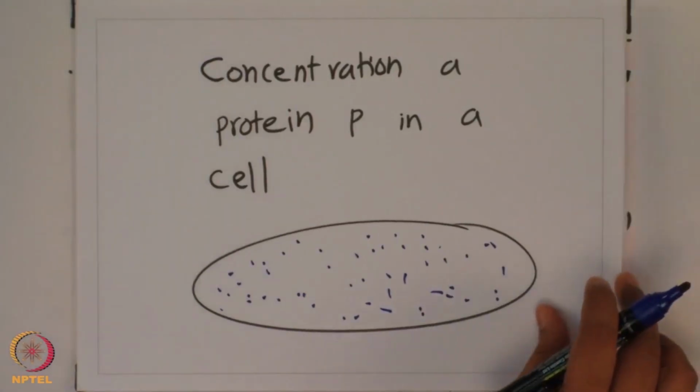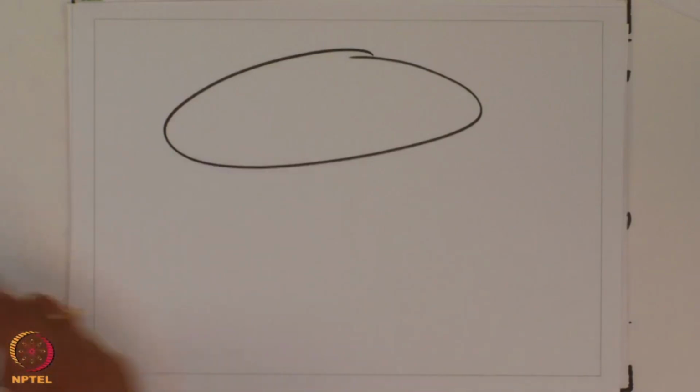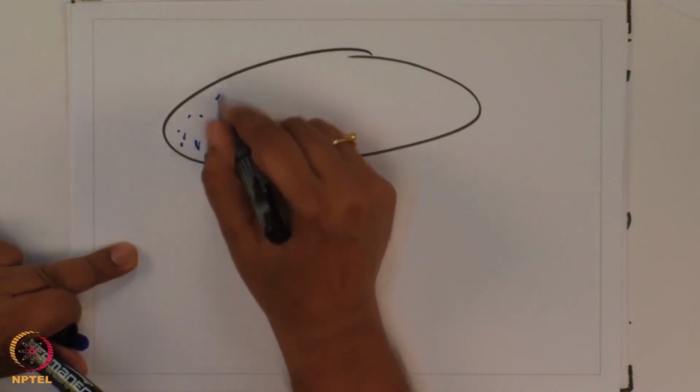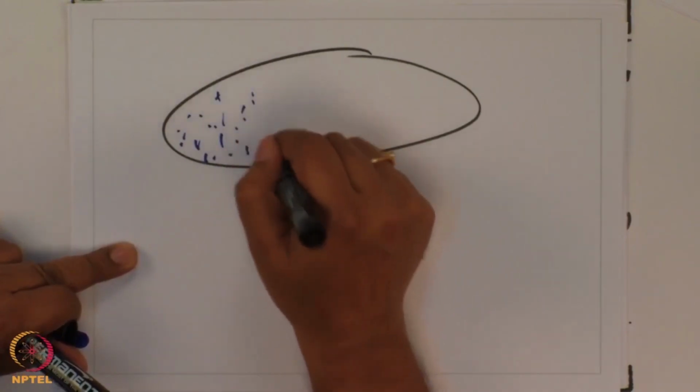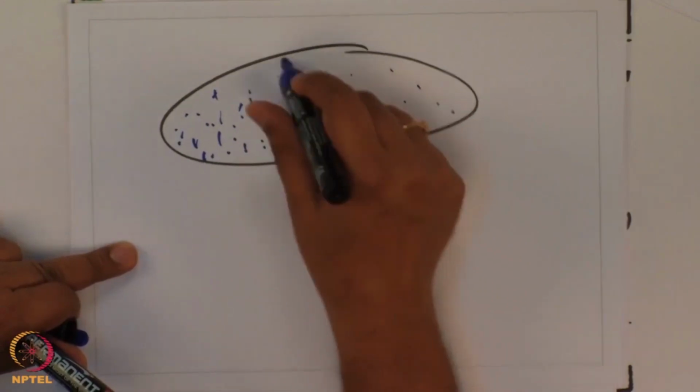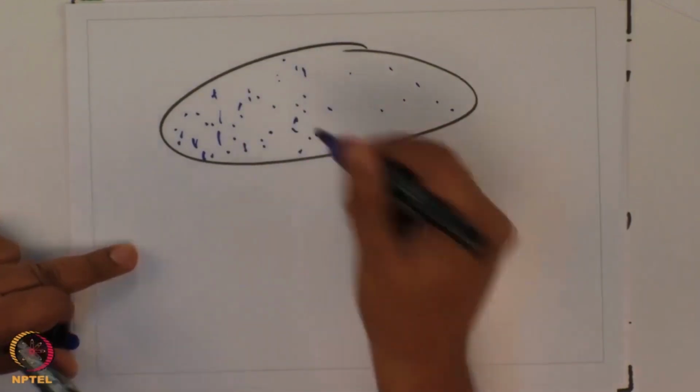Or it can so happen that in a cell the protein is distributed more towards one side and less towards the other side, due to some reason. There are examples of such proteins.